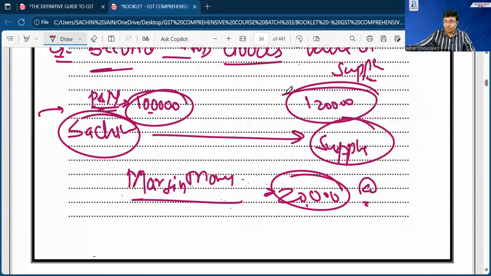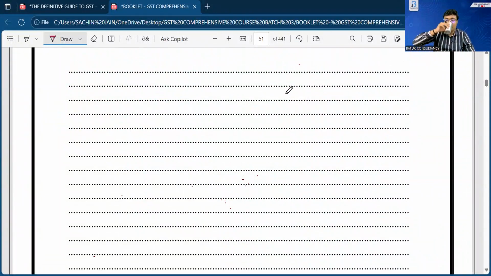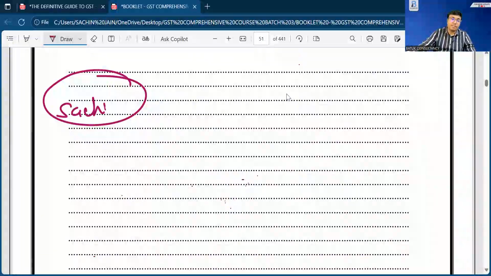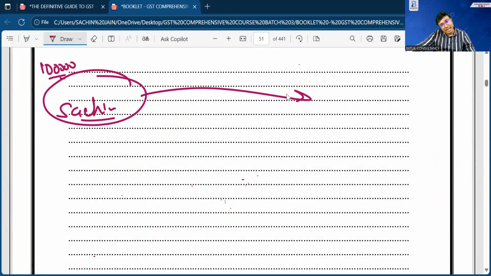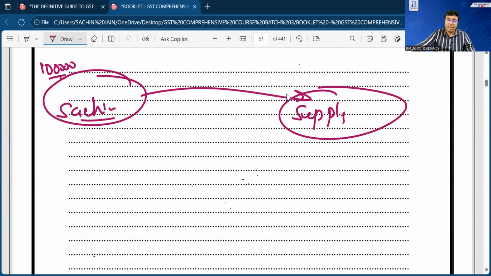Now suppose I have bought that machinery for 1 lakh rupees, and I am supplying the same at 80,000 rupees. So the margin is negative.